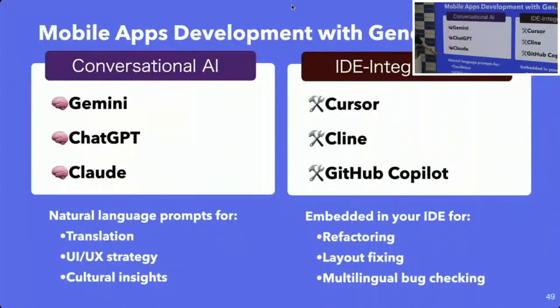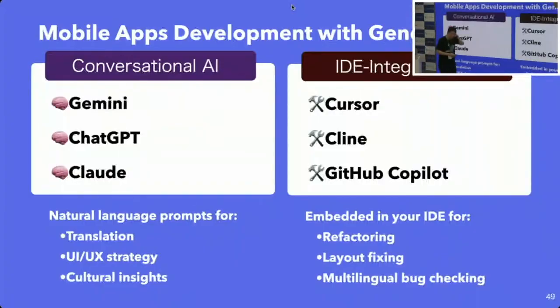There are some examples. For conversational AI, some steps are required: natural language prompts for translation, user interface and user experience strategy, and cultural insights. To implement all these features, I recommend these tools.